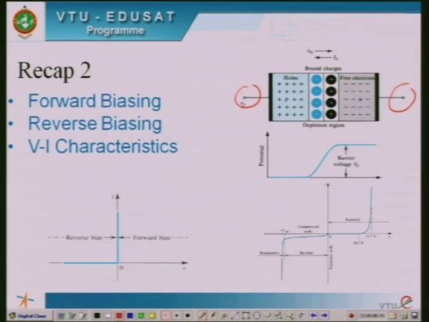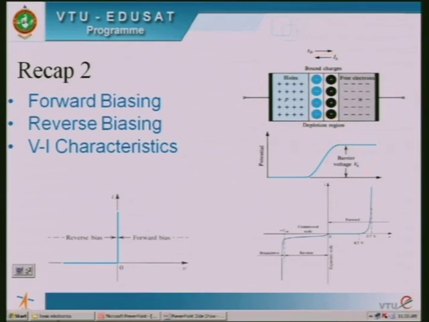There will be a repulsion, so the holes as well as the electrons move away from the positive and negative terminals, and therefore the depletion region decreases. Correspondingly the barrier voltage will decrease, and finally there will be a free flow of charge carriers from the P to N type, that is the conventional current, which we have told about.